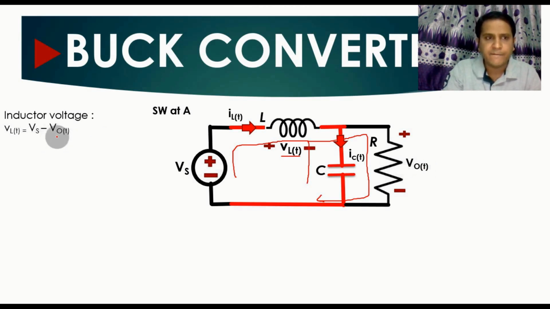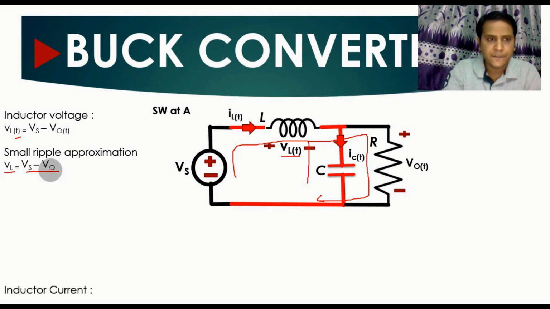If you do small ripple approximation, you can neglect the time period T term, and VL equals Vs minus Vo. That means when your switch is on or at position A, the voltage across the inductor would be your supply voltage minus your output voltage, right?